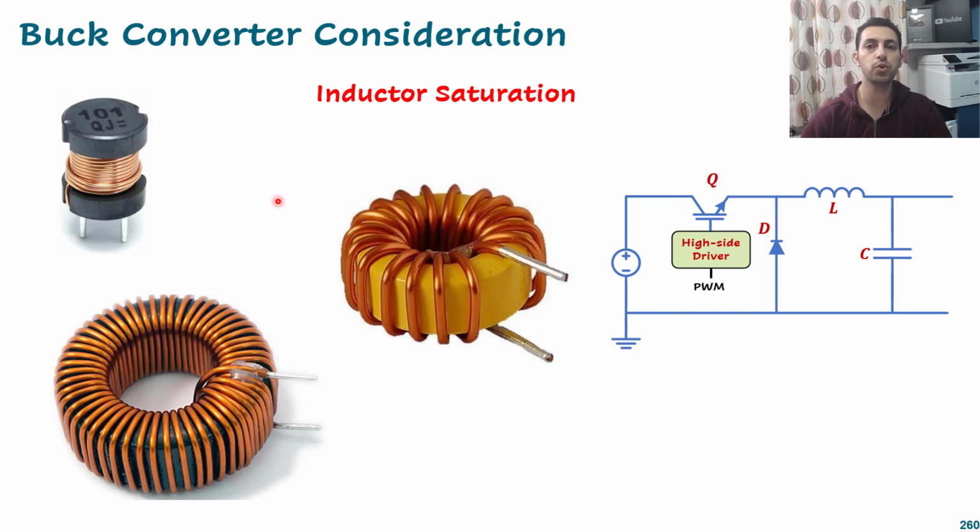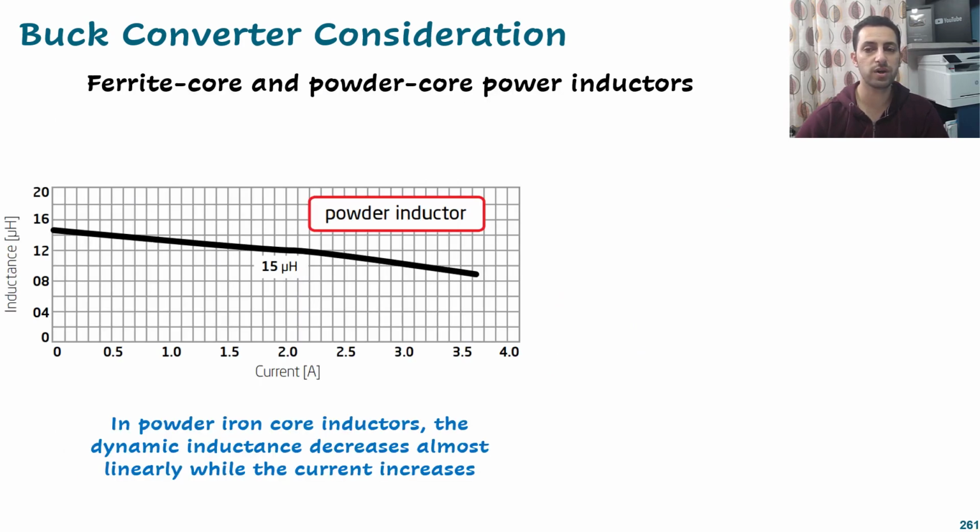So we have two categories of inductors used for buck converters. The first one is called the powder inductor, the powder core inductor. And when I talk about the inductors here, I talk about cored inductors. Maybe it has a ferrite core, or powder core power inductors.